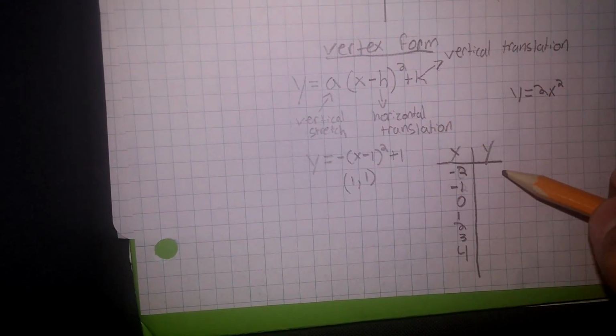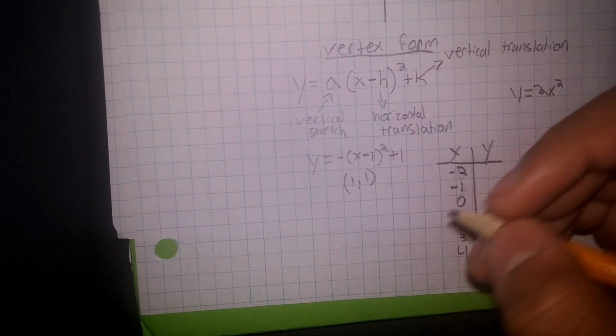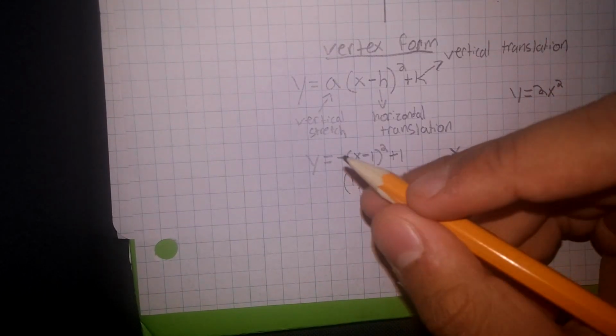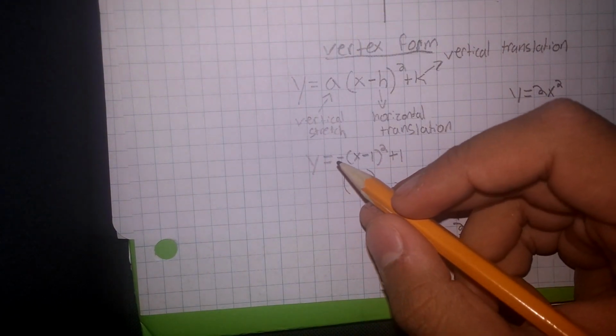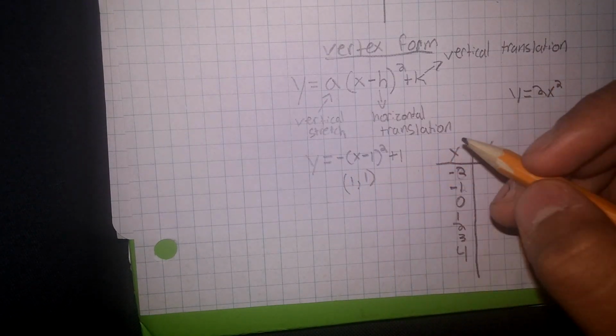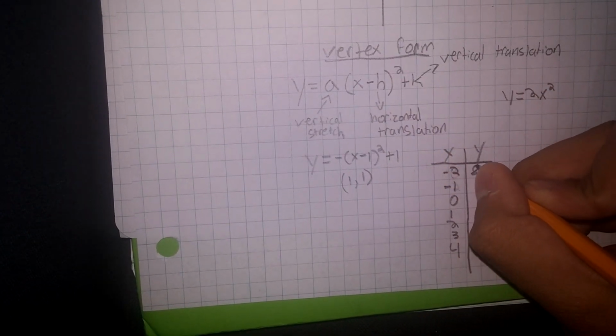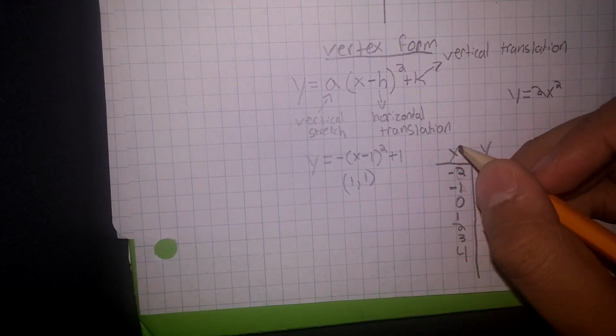So negative 2 minus 1 would equal negative 3, right? Negative 3 squared would obviously be 9. And then negative 1 times 9 would equal negative 9. Plus 1 would be negative 8.